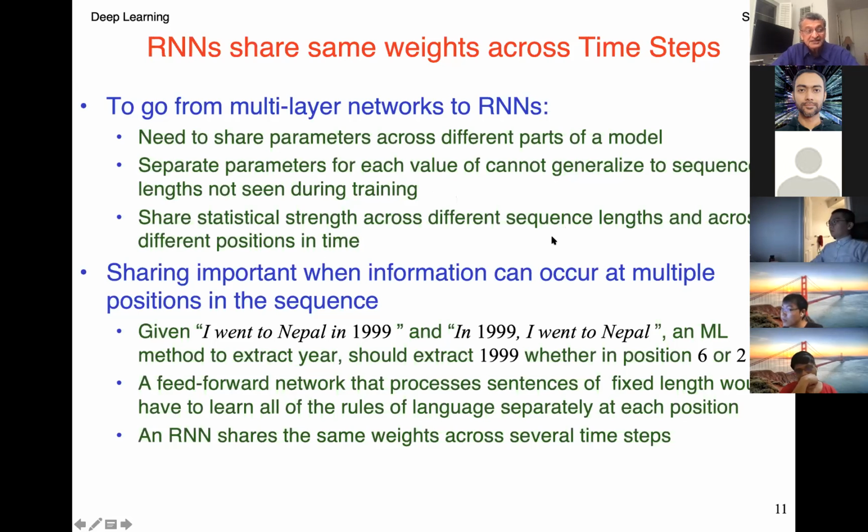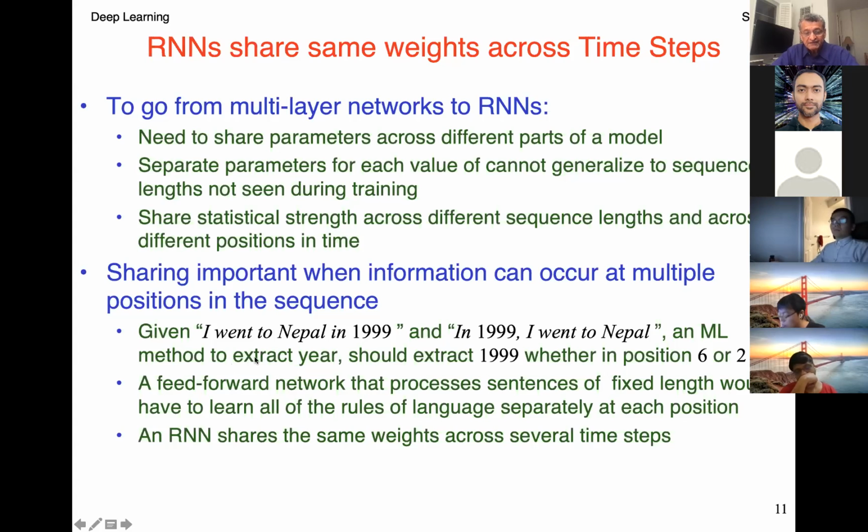So there is an interesting analogy. While a CNN shares the weights across the whole image from different points spatially, here we're using weights across different points temporally, or in different positions in time. And this sharing is important when information can occur at multiple positions in the given sequence.